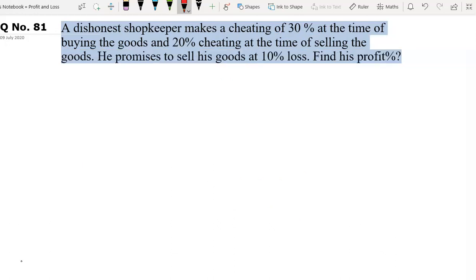Question number 81. A dishonest shopkeeper makes a cheating of 30% at the time of buying the goods and 20% cheating at the time of selling the goods. He promises to sell his goods at 10% loss. Find his profit percent. So let's say he buys 100 gram of goods for rupees 100.